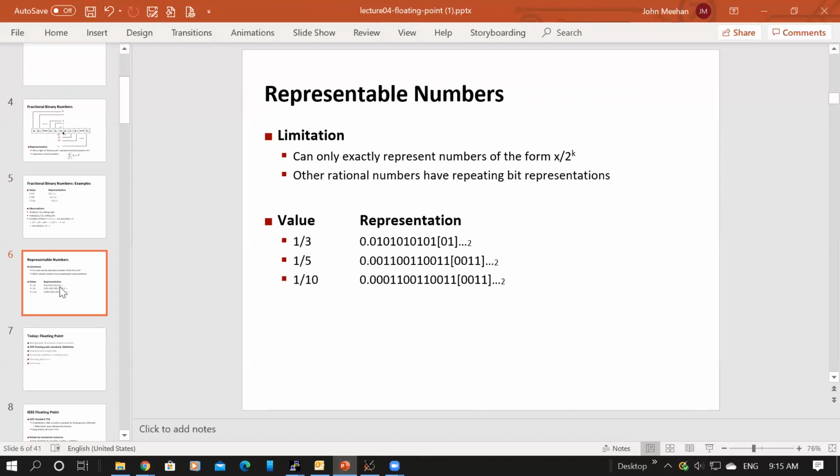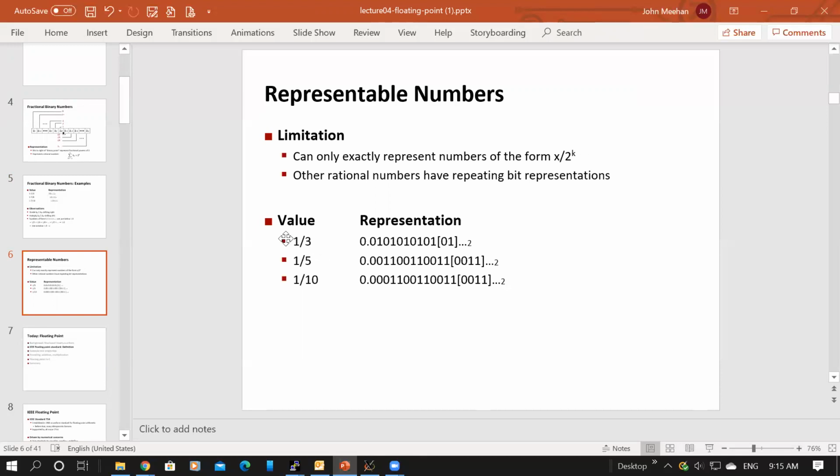So you can really only exactly represent numbers that are the sums of some x over 2 to the k type things. Other rational numbers would end up having an endlessly repeating bit representation.